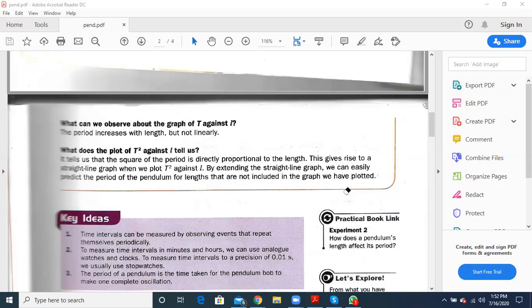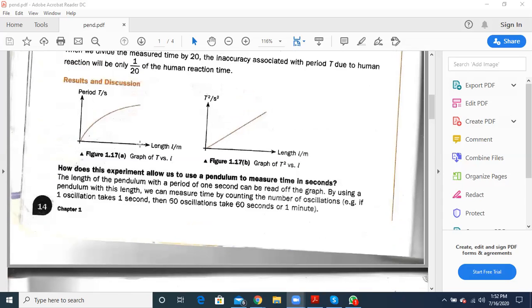In order to be directly proportional, the graph should be linear and it should be a straight line passing through the origin. Isn't the same thing happening over here? It's passing through the origin and it's a straight line. So now we can conclude T square is directly proportional to length. Got the concept of directly proportional? Okay, so this is the concept of directly proportional.